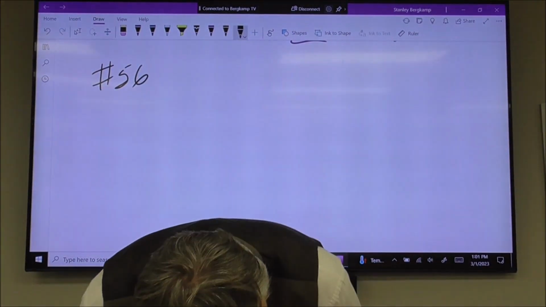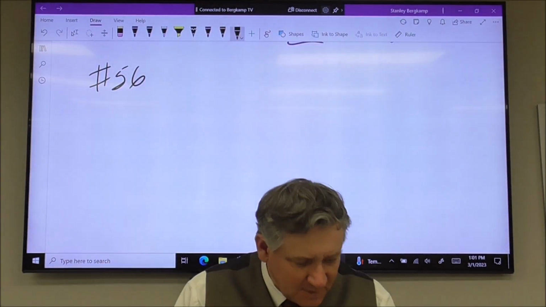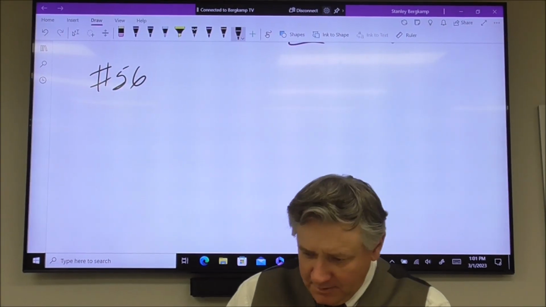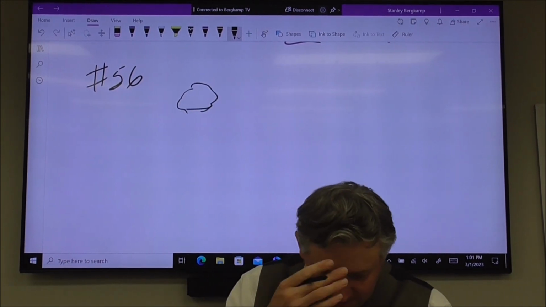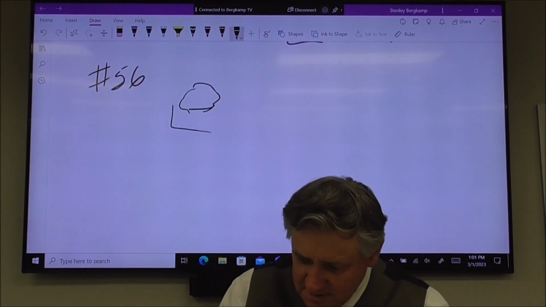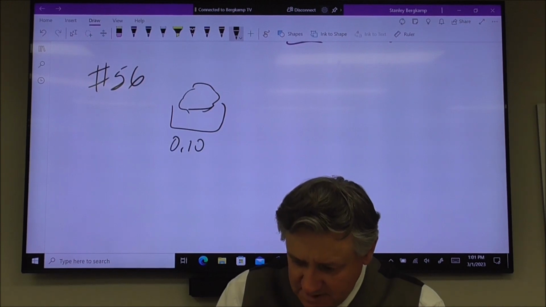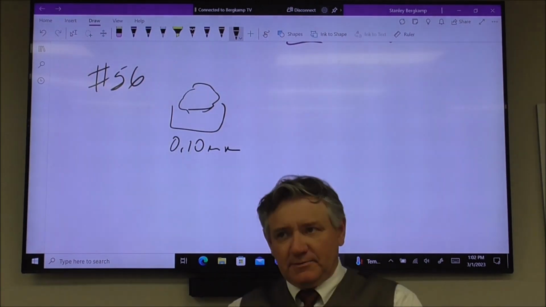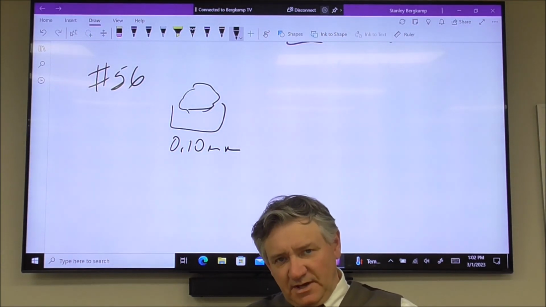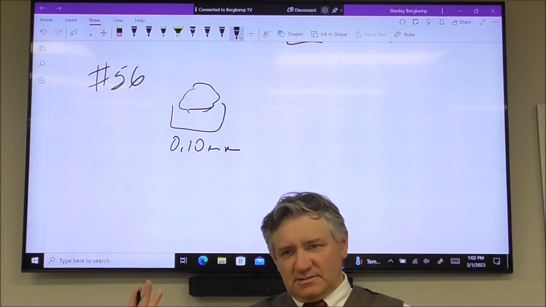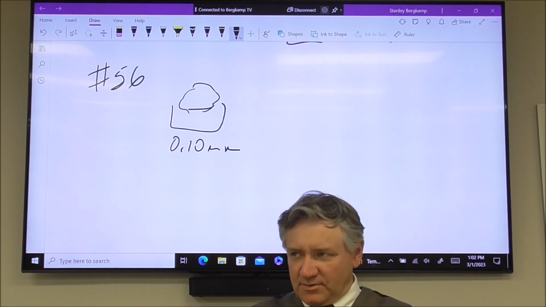So on number 56, it's an interesting idea. You've got a pollen grain, and it's got the diameter. Pay attention to the fact that this is the diameter. Typically, the reason you're given the diameter is because that's easier to measure than the radius.